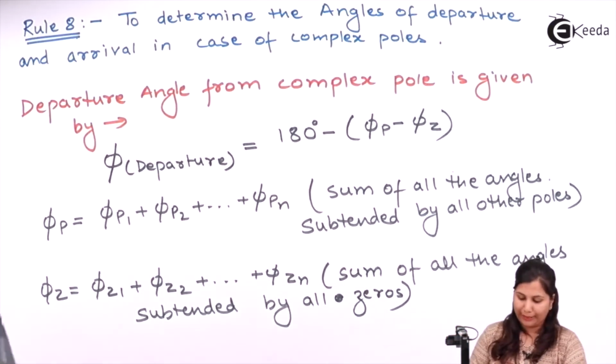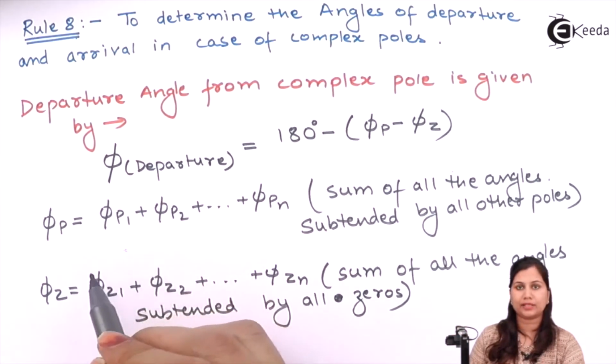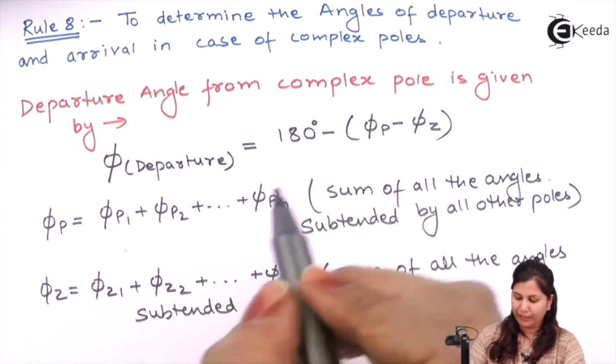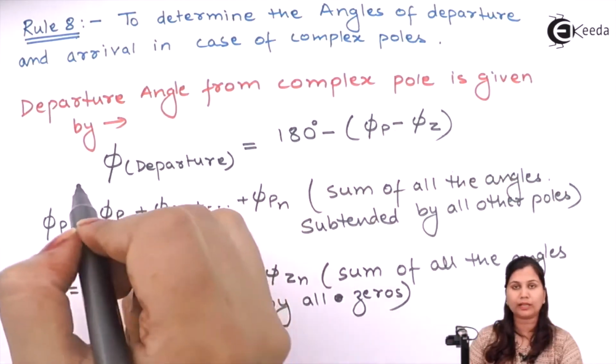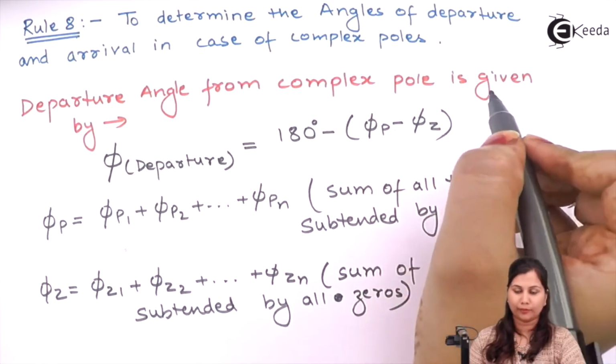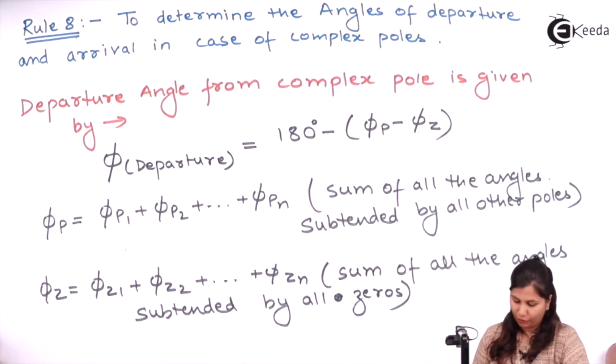So phi p is the sum of all the angles subtended by all other poles, and phi z is the sum of all the angles subtended by the zeros. Put the values of phi p and phi z in this formula to calculate the angle of departure from the complex pole. Now we have the angle of arrival.